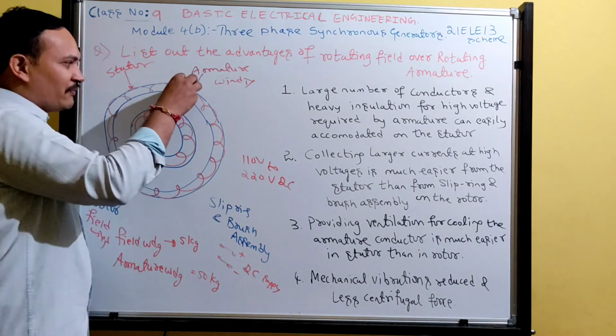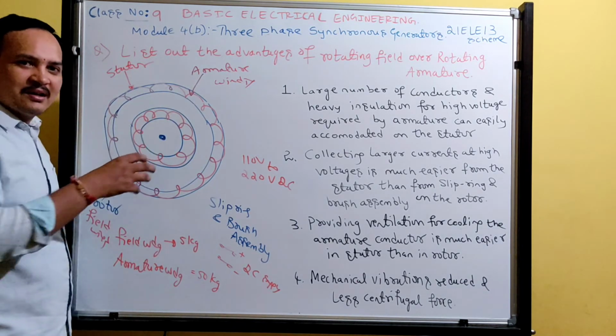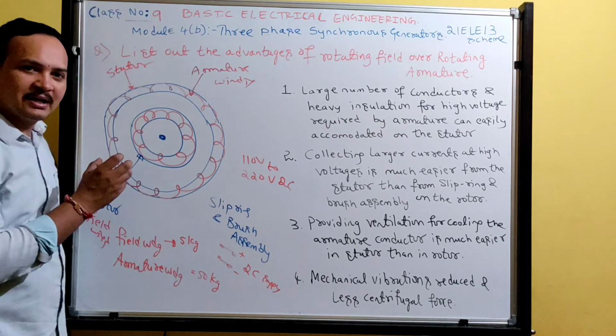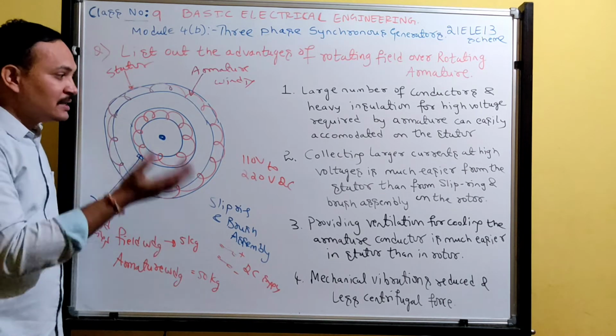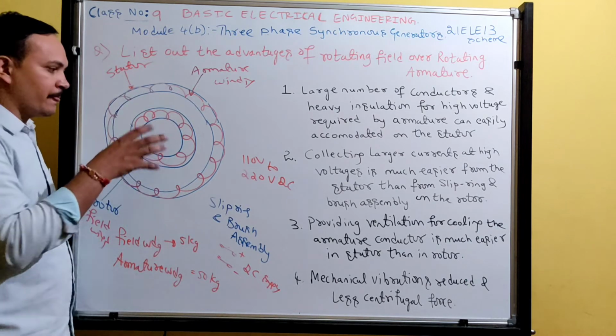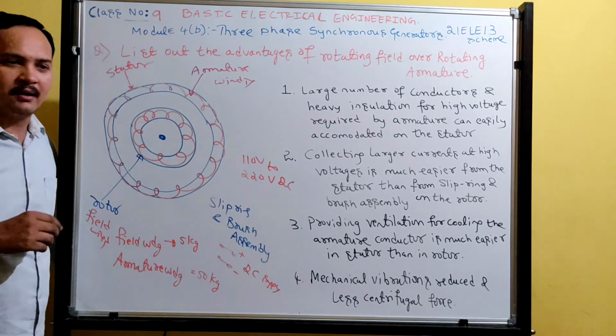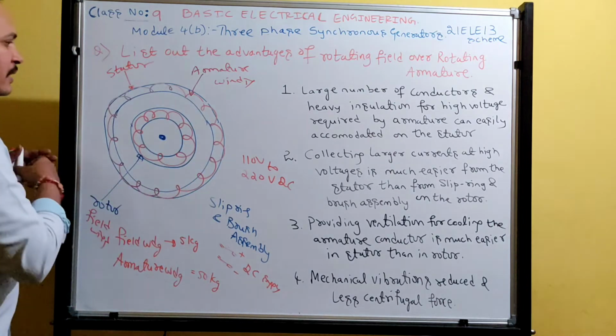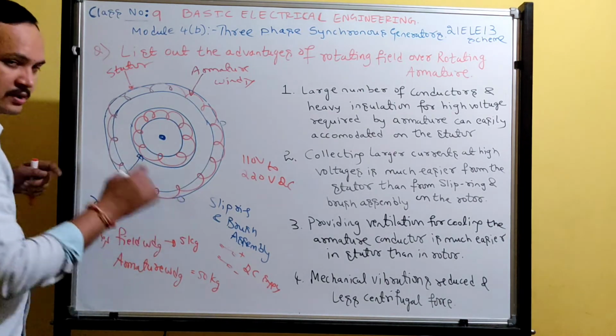Okay, suppose I place this winding in the rotor, is it possible to provide ventilation and cooling arrangement inside the stator? Is it possible? The rotor will be inside the stator. Not possible. It becomes complicated. If it is on the outer side, we can make some holes on the stator frame.